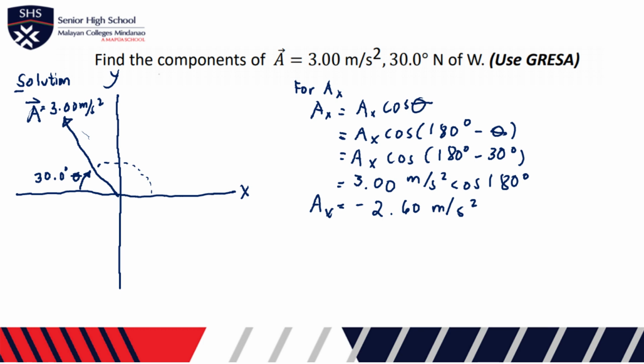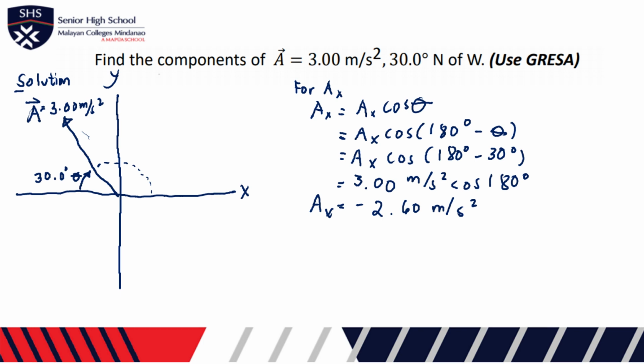With that, we know that the straight angle gives you 180 degrees. We need to deduct the given 30.0 degrees to know the complementary angle. So it should be 150 instead of 180. Now we need to substitute the value of A in this problem.